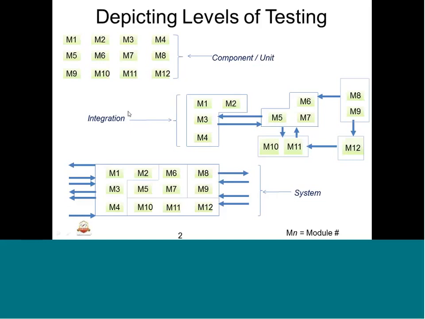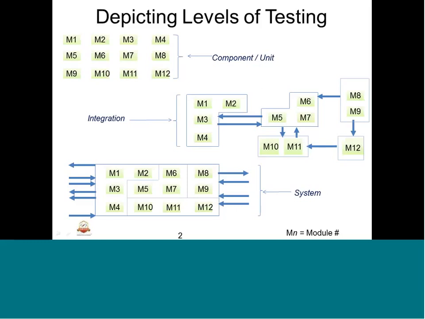Coming to the next, integration testing. Here we take the same example of 12 modules for an embedded system. These 12 modules are logically grouped, mostly based on the functionality of the feature set. This is block 1, block 2, block 3, block 4. Here you see M12 as a single block.